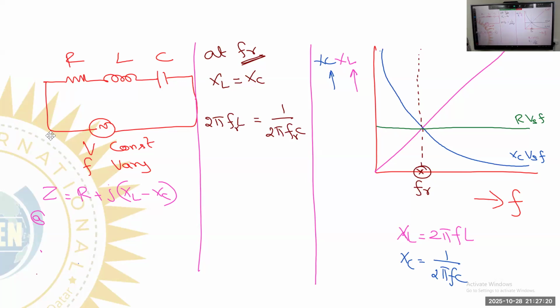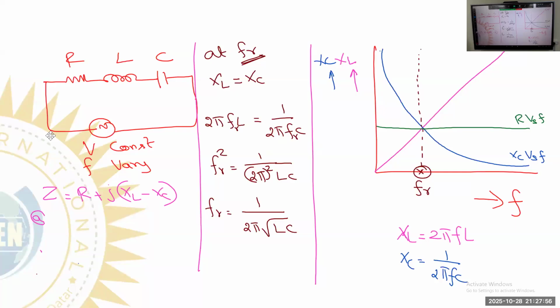Because I put equal to, that's why I put the resonant frequency, FR. Correct? So rewrite this formula: FR square is equal to 1 by (2 pi) square into LC. The 2 pi, we bring to the denominator. So FR is equal to 1 divided by 2 pi root of LC.